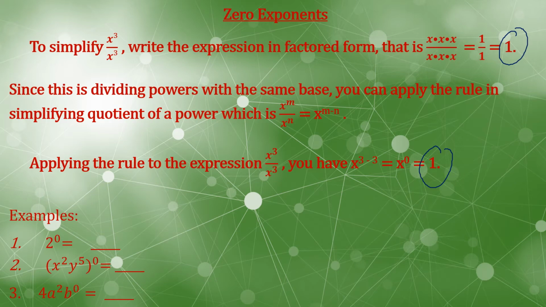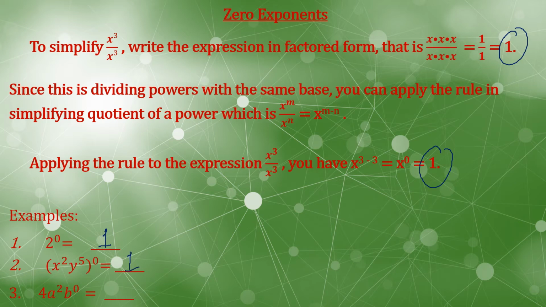So remember that any number except 0, when raised to the 0 power, is always equal to 1. Let's have some examples. 2 raised to 0, this is equal to 1. Another, quantity x squared y to the 5th power raised to 0, that is also equal to 1.